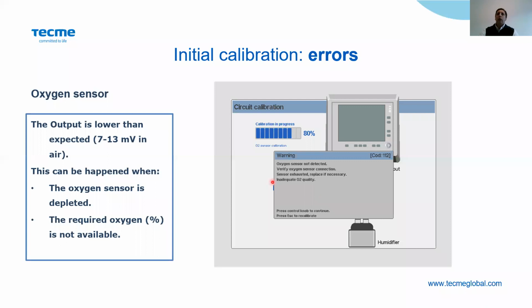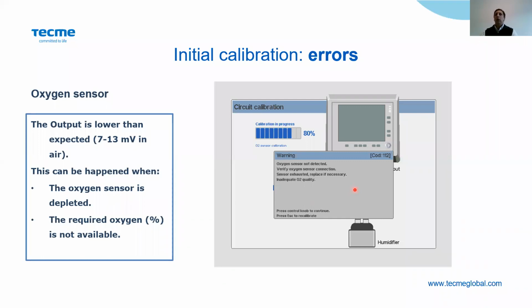With this warning, we are able to continue with the calibration, but we are not going to be sure whether the oxygen quality is good enough, and we are not going to be able to monitor properly the oxygen concentration.